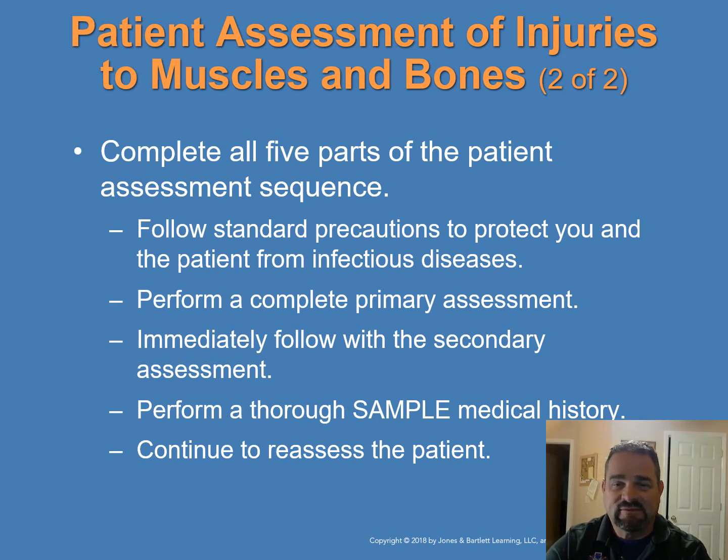Be thorough and systematic in examining all parts of the patient. Perform a thorough SAMPLE medical history to determine whether the patient has any medical conditions that require attention. Also continue to reassess the patient every 15 minutes for stable patients and every 5 minutes for unstable patients.